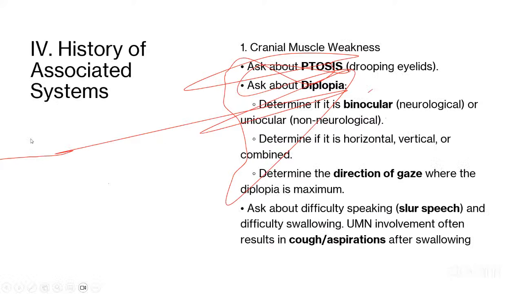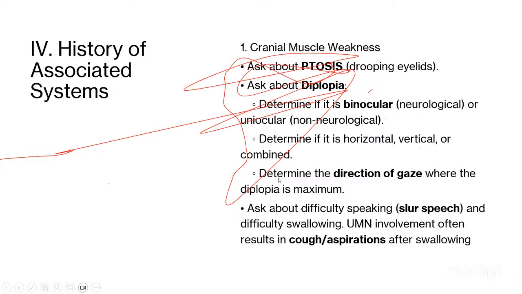After asking about the motor history, we have to ask about other associated features, which help to localize the lesion. For the cranial nerves, basically ask whether they have ptosis, drooping of the eyelids, and ask about diplopia. If it's binocular, it's definitely neurological; if monocular, it is most probably non-neurological.